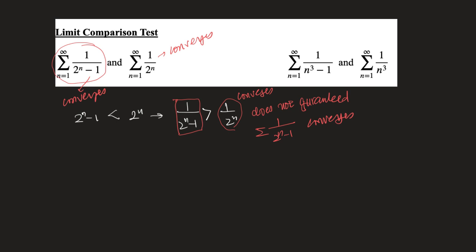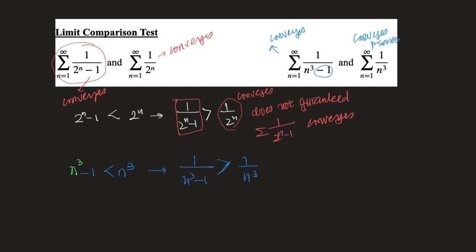Same thing is right here, guys. Look at this one. Here is n cubed minus 1, only minus 1. Here's n cubed. You know that this is convergent, a p-series. Then you're gonna guess this is also convergent, but you want to prove it. So let's compare n cubed minus 1 and n cubed. Which one is bigger? n cubed. We have the same problem. 1 over n cubed minus 1, 1 over n cubed.